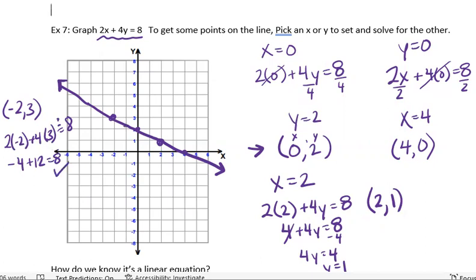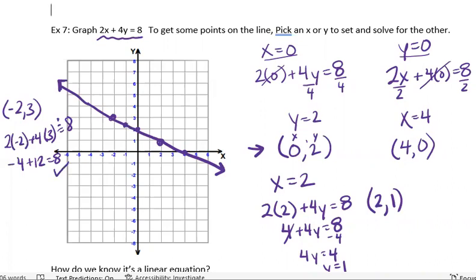I bet you this point here is even on there. I don't know what that point is. I would guess negative 1 and then 2.5. And I bet you if you plug in negative 1 and 2.5, you would also get that that point is on the line. So again, it doesn't matter what you use right here. You just need to pick an x or a y value, set it in there, and solve for the other one.